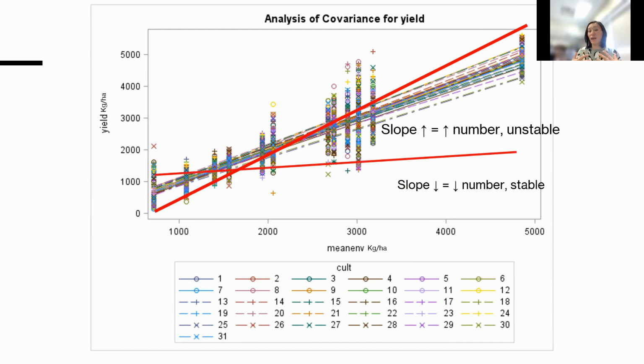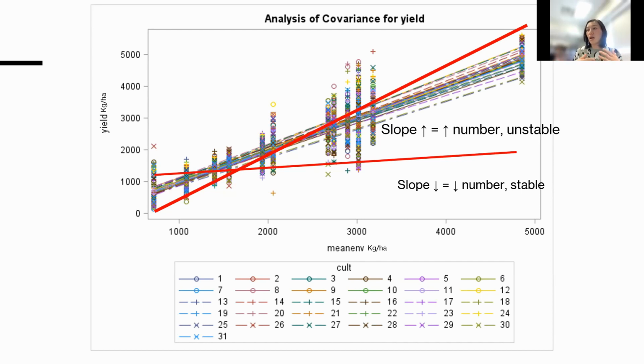Whereas if you have a horizontal slope, you have a low number, and that gives you an idea that this genotype is stable. It performs similarly in low fertility environments, and it performs similarly in high fertility environments.